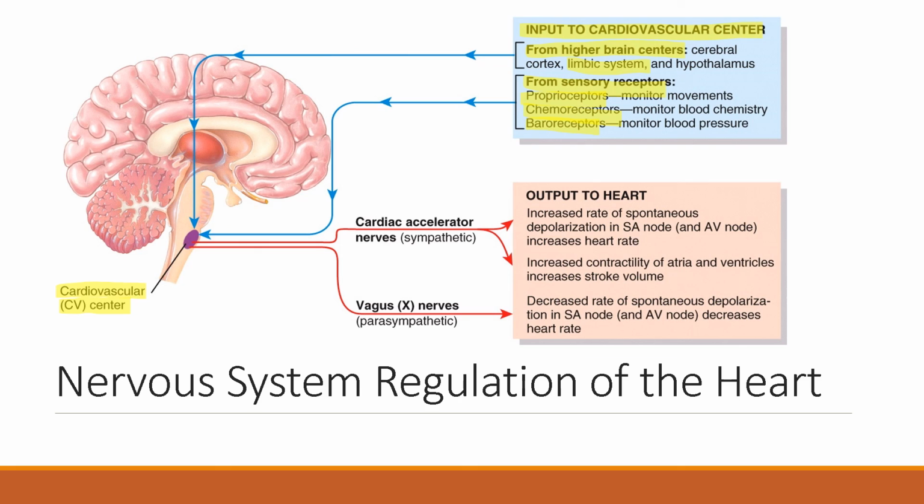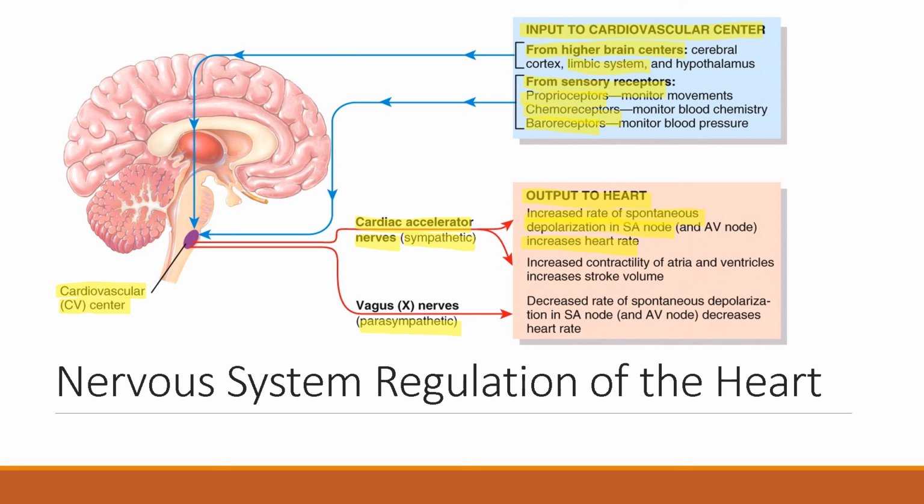The cardiovascular center, receiving all this input, then directs the appropriate output by either increasing or decreasing the frequency of nerve impulses in both the sympathetic and parasympathetic branches of the autonomic nervous system. Our cardiac accelerator nerves of the sympathetic system increase the rate of spontaneous depolarization in the sinoatrial and atrioventricular nodes in order to increase the heart rate.